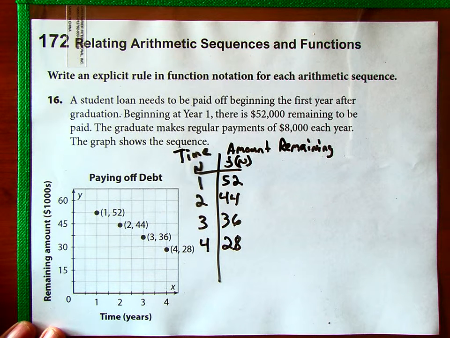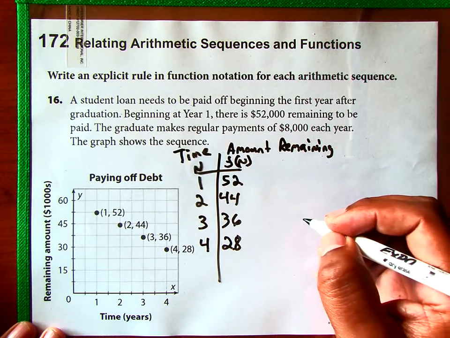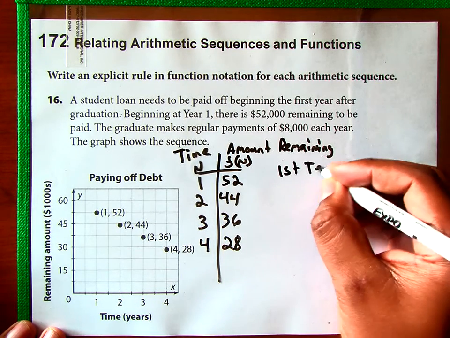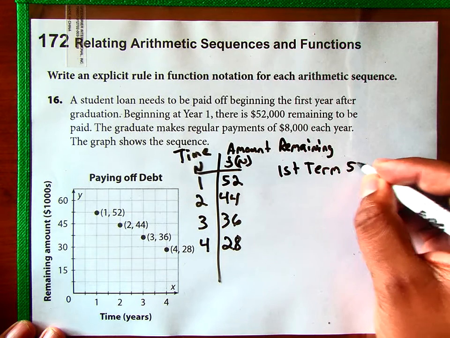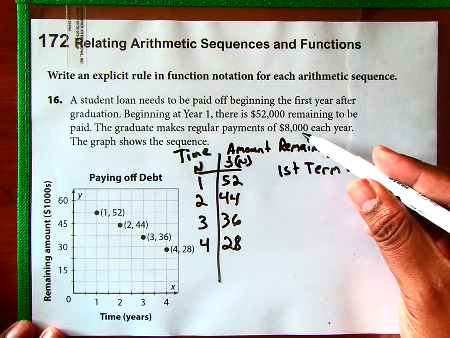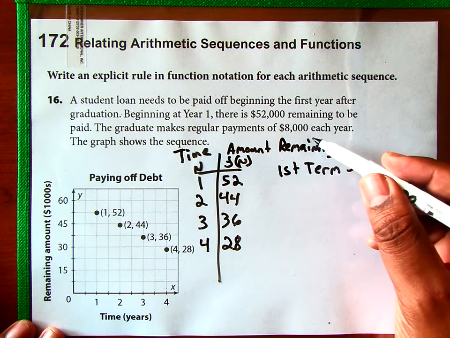Okay. Now we're going to get the two things we need. First the first term, which is 52, and then the common difference. Since we know they're paying $8,000 each time, we know it's going to be something related to this 8.